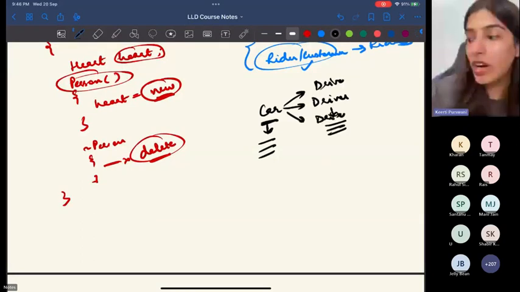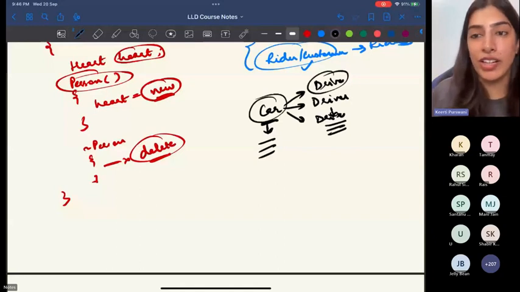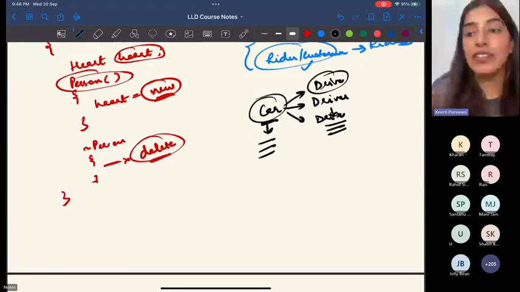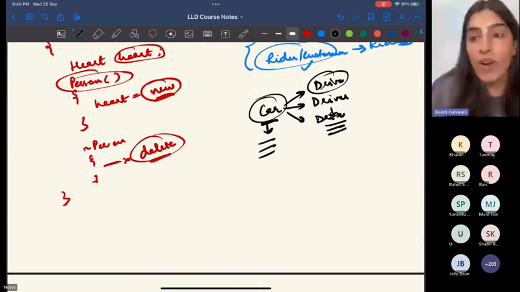Now the point is, are you creating the driver when you're creating the car? Is the entire life cycle of the driver dependent on the car, or will you merge it into one class object? It depends on the requirements and the way you want to design.